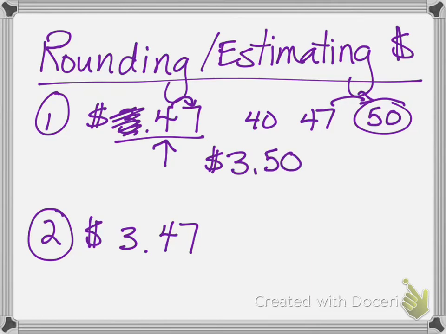So when I look at the number $3.47, if I see that out in a store somewhere, in my mind, I'm automatically rounding it to this, especially if I'm figuring out how much I'm spending altogether. I will say to myself, that's about, remember that word, about $3.50.